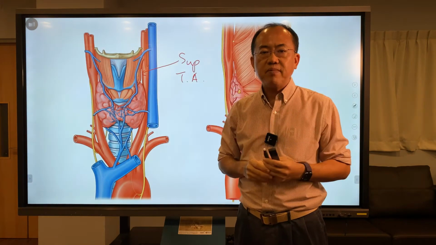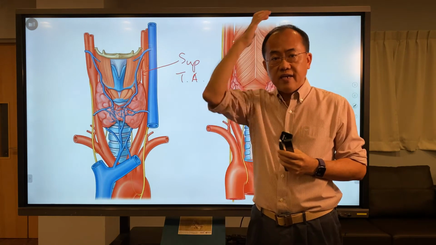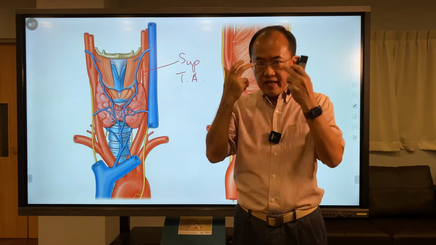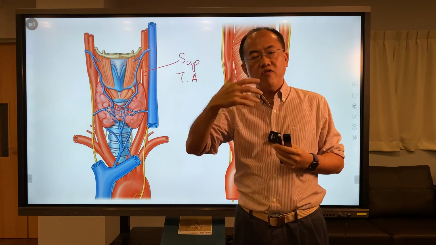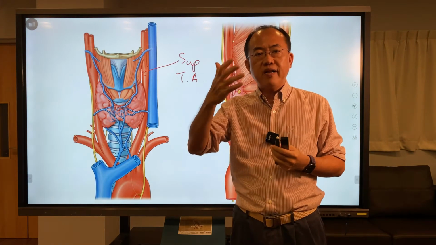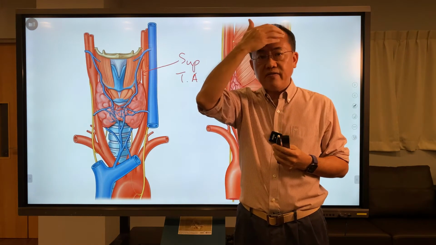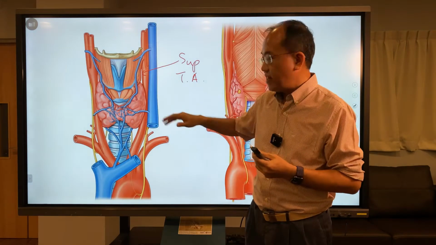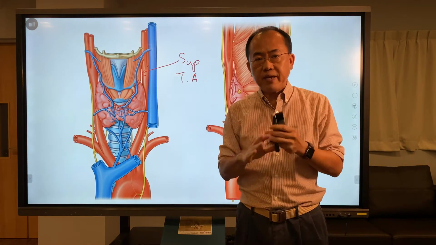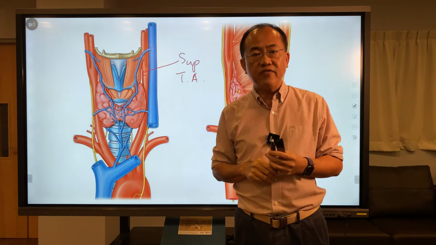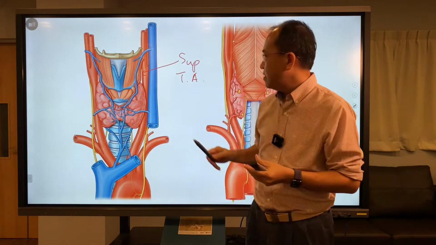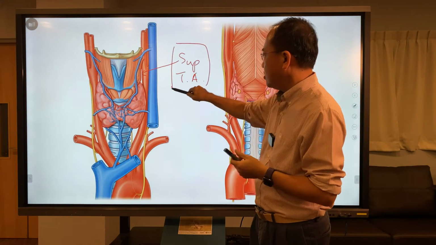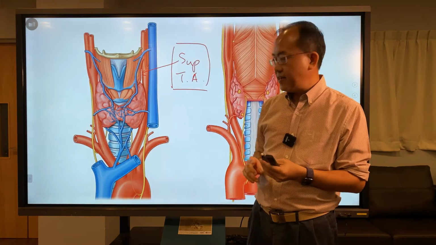Its main branches supply structures within the cranial cavity and the orbit. When we move on next week to face and scalp, part of the branch of internal carotid artery will supply the forehead. But for the time being, in the neck, they are all supplied by branches of the external carotid artery, including superior thyroid artery.